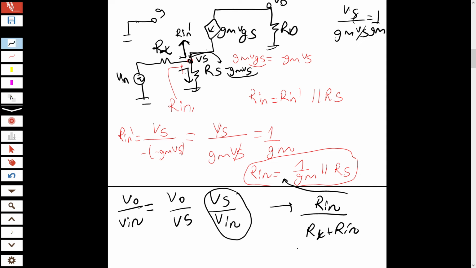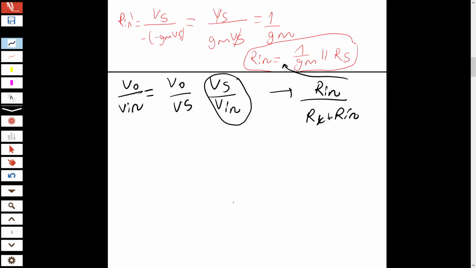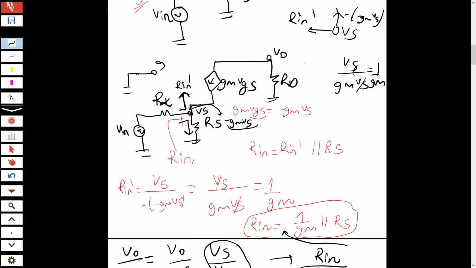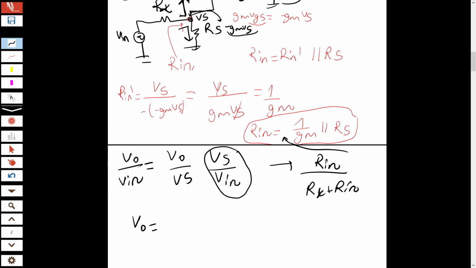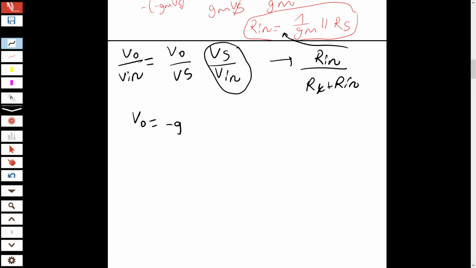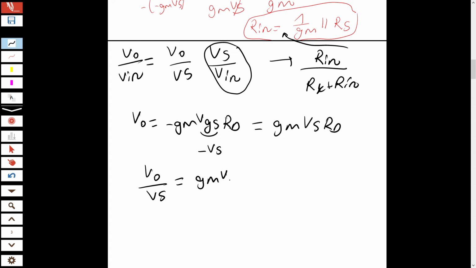Now we have to find V out over V source. What is V output? The gm VGS current comes from the ground, so V output equals minus gm VGS times RD. Remember, VGS equals minus V source, so it becomes gm V source times RD. Then V output over V source becomes gm V source times RD divided by V source, which simply equals gm times RD.